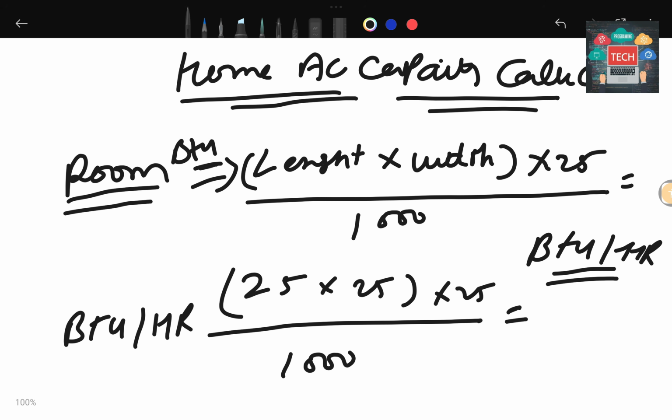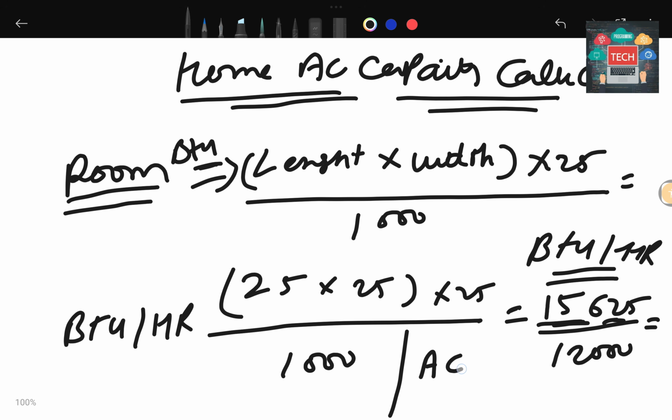So this is the BTU: 15625 divided by 12,000. This is the BTU produced by your room, and we divide it by 12,000. Then the approximate AC tonnage required is about 1.3 ton.